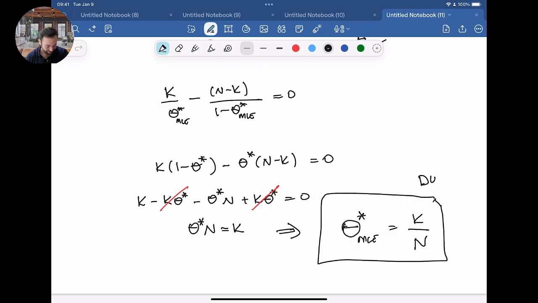Duh. Because that was the thing we were trying to show, right? I counted k of them. Say I throw 1,000, and 850 of them became heads. Then I can say, well, it's 0.85, right? My best estimate. So this, my dear friends, is the maximum likelihood estimate of the binomial parameter theta.